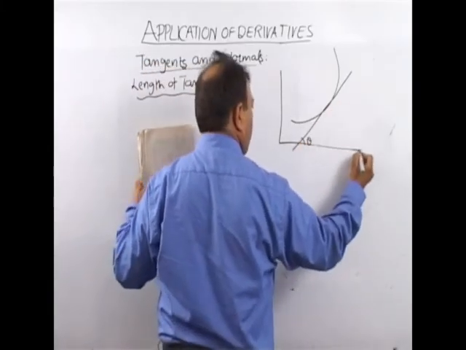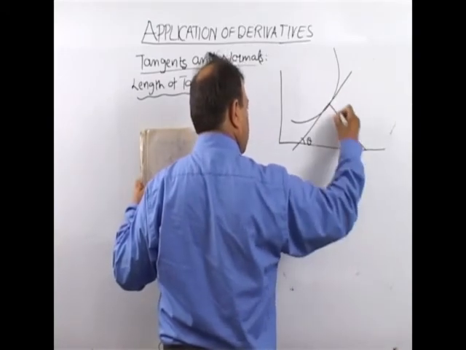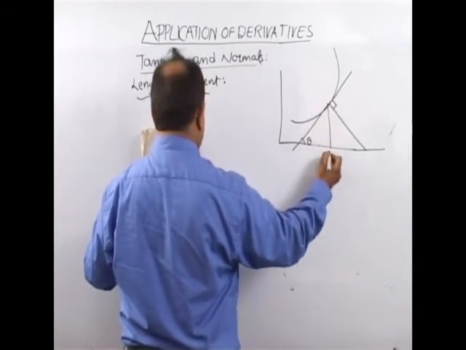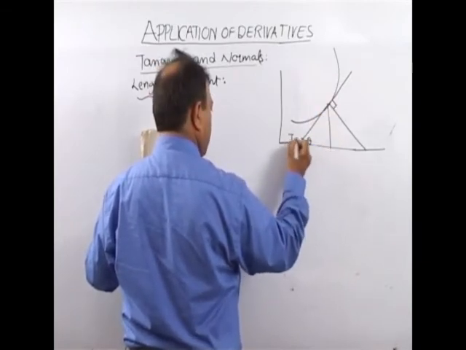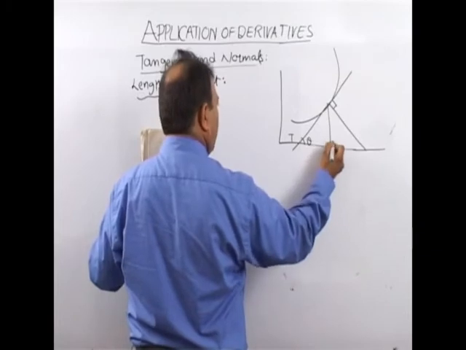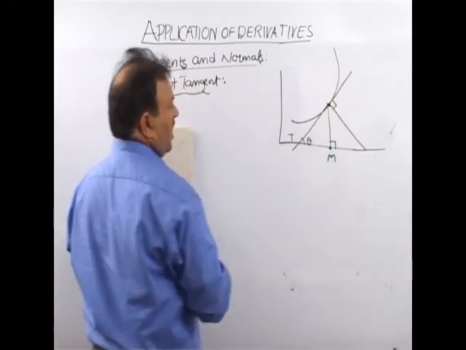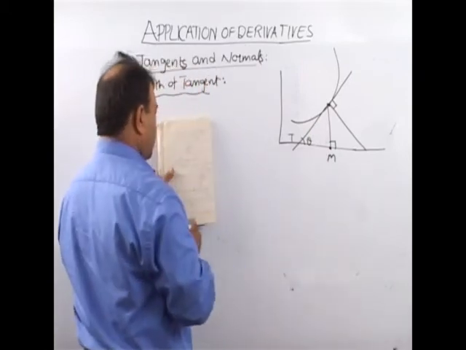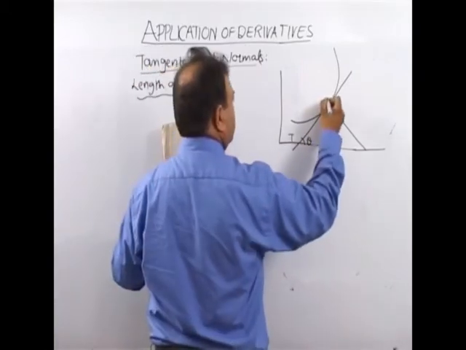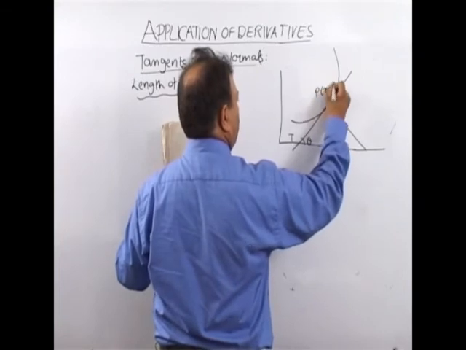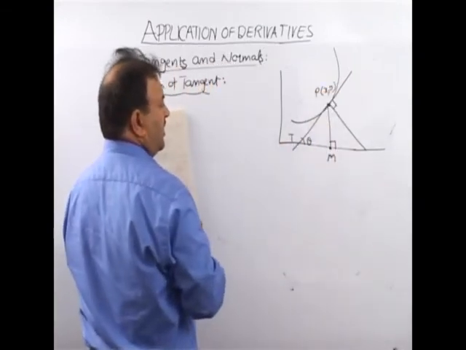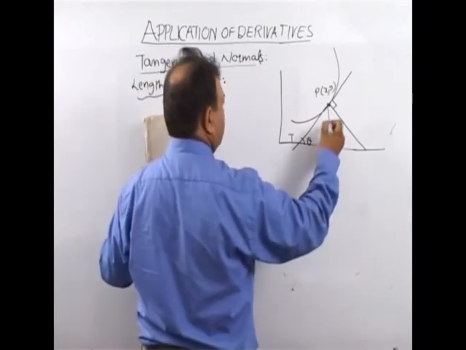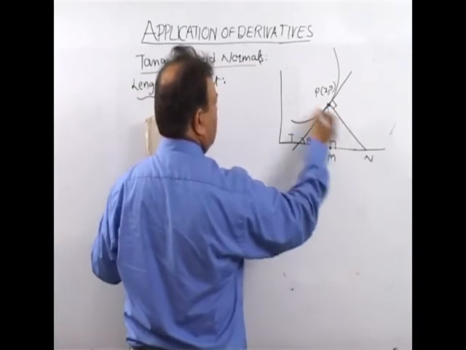I draw this will be normal, this is m, this is t. I draw a perpendicular from this one. We draw a perpendicular at a point of tangent. And I suppose this point is P(x, y). This point is x1, y1. This is PN, I can say this is a normal.